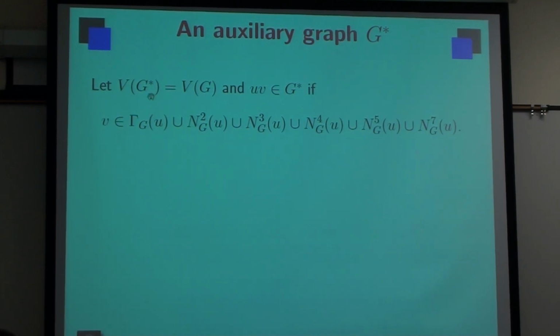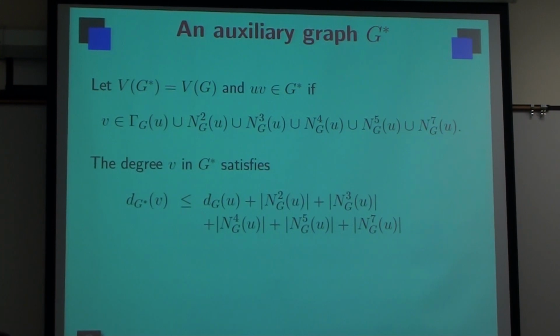So we can define this graph, it's a super graph, and if the path distance is 1, 2, 3, 4, 5, 7, then you connect them. This graph has more edges. And in this graph, you can easily find the maximum degree, and the easy calculation gives the bound we want.